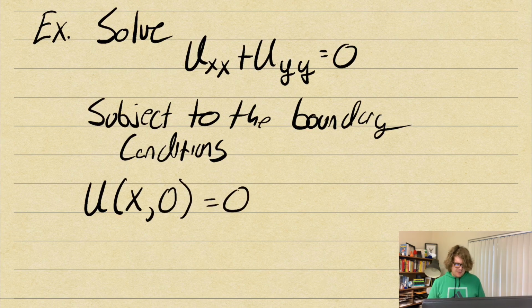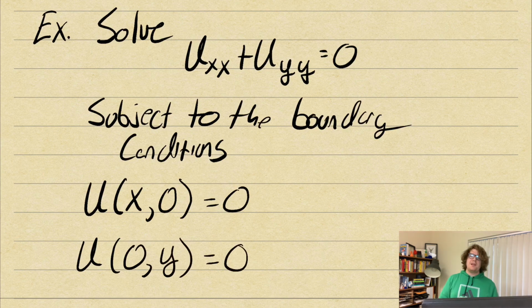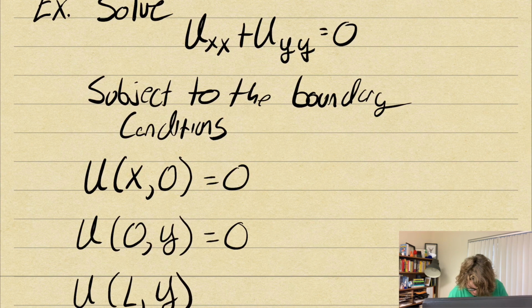We can almost think about this as holding the back of our sheet equal to 0. We could do something like u of 0, y equals 0. This would be akin to holding the left side of our sheet equal to 0. Let's do something like u of L, y equal to 0. This would be holding the right side of our sheet equal to 0.